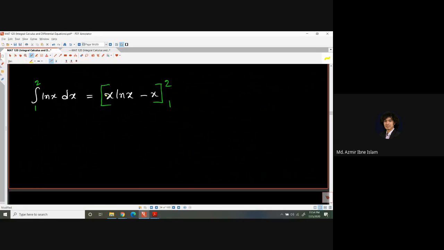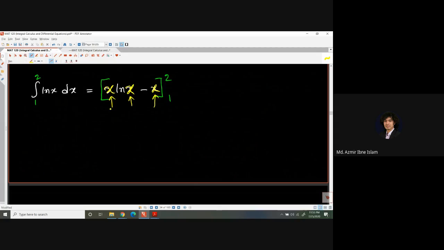The fundamental theorem of calculus says that we input the upper limit and the lower limit where we have the input variable x. Here we have x, here we have x. In these places we have to input the upper limit and lower limit. So remember, these three parts are our input.